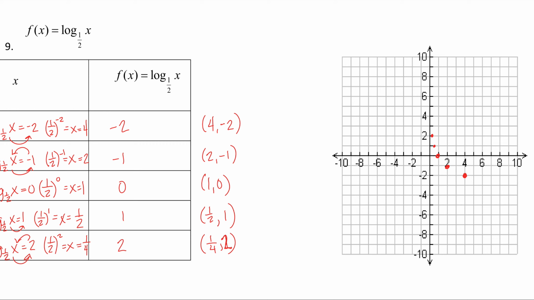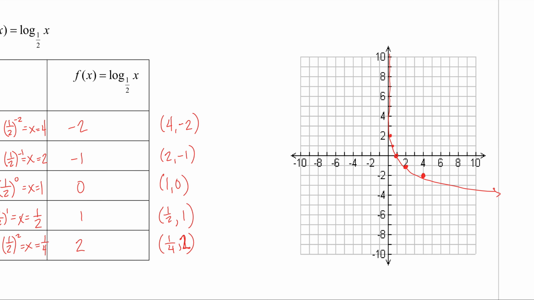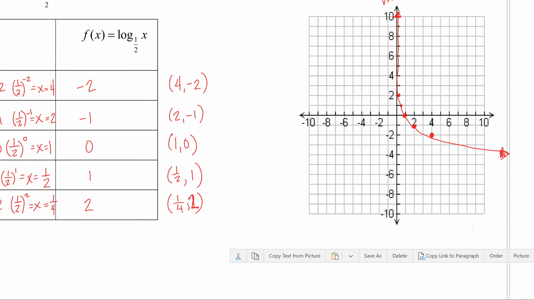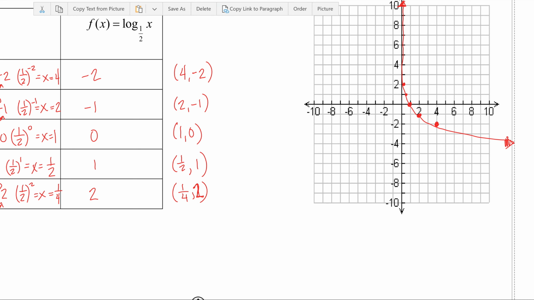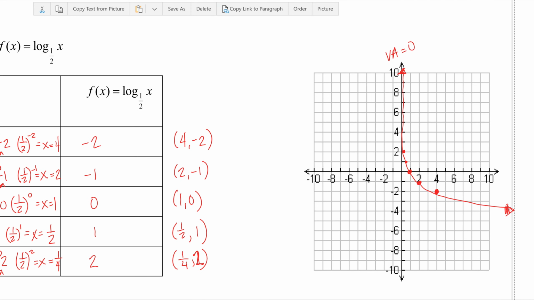Now notice I'm getting really close to the y-axis, but it's going down. So it's going from positive infinity and it's decreasing, and it'll just keep going. But I will have a vertical asymptote of 0, which will affect my domain or my x values. So this is actually a decay formula.